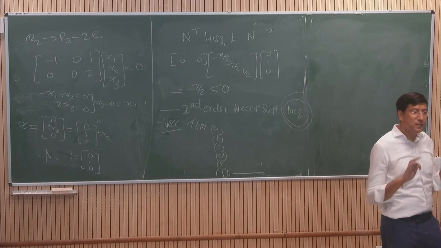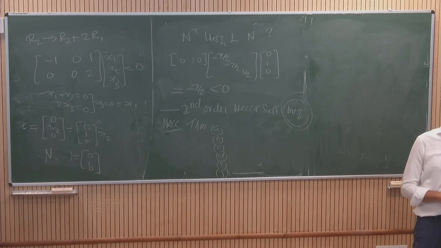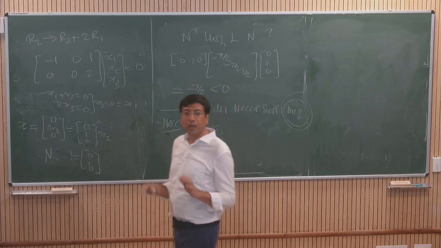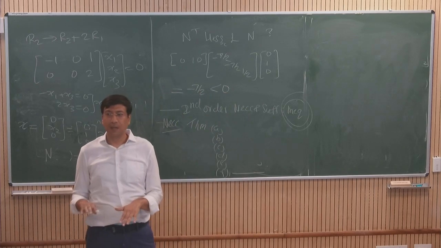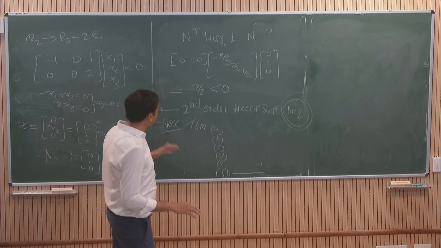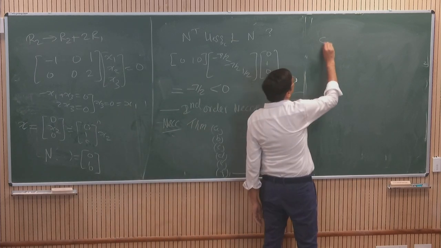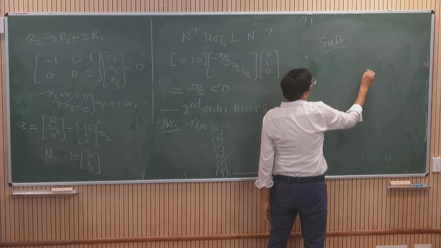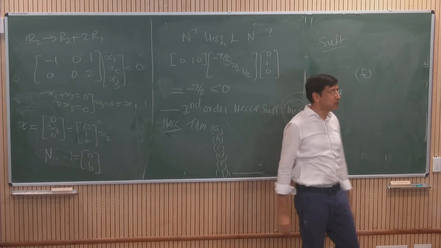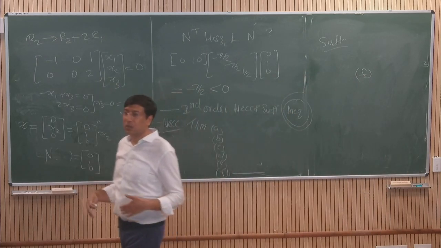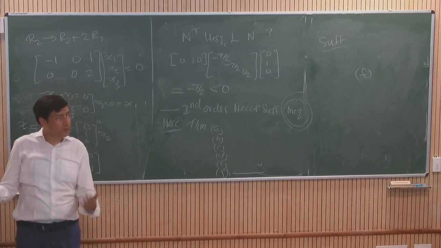The condition would be the same: Hessian of the Lagrangian with respect to x is positive semi-definite over the null space of the Jacobian of constraints. And when you go to the sufficiency conditions, this will be exactly the same. The F condition will be that the Hessian of the Lagrangian with respect to x is positive definite over the null space of the Jacobian of constraints.